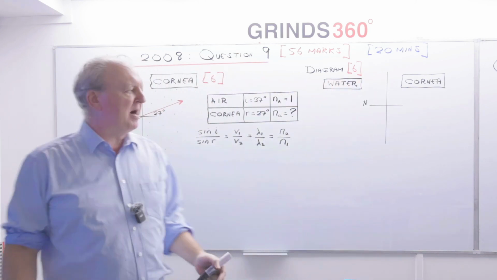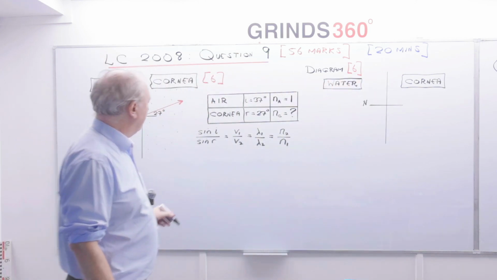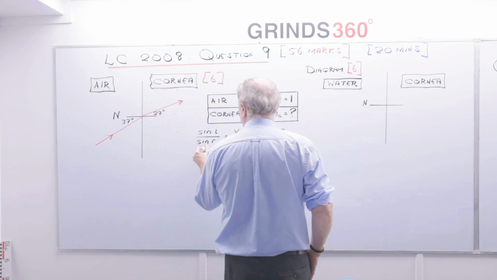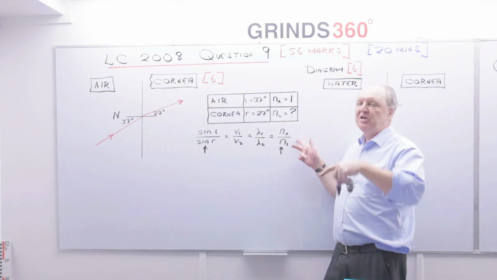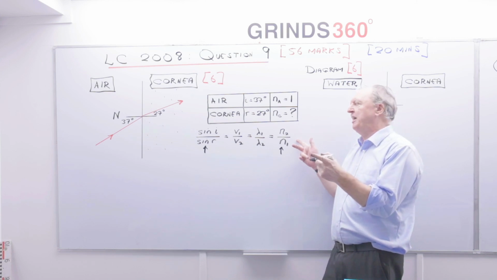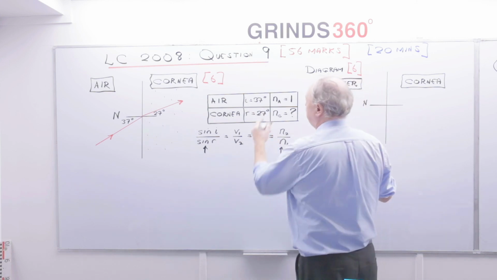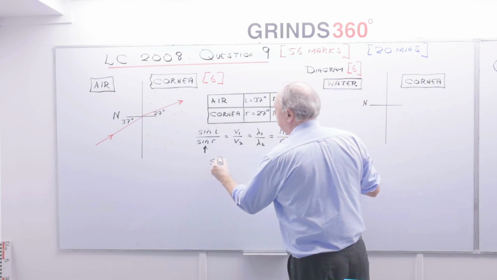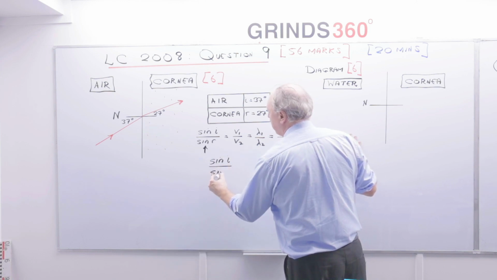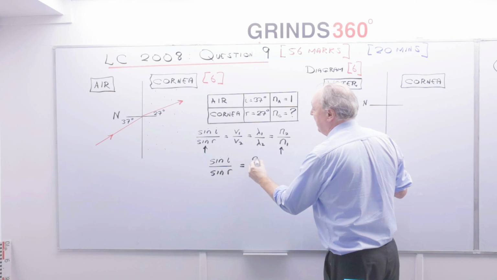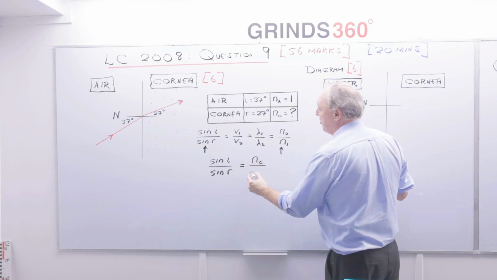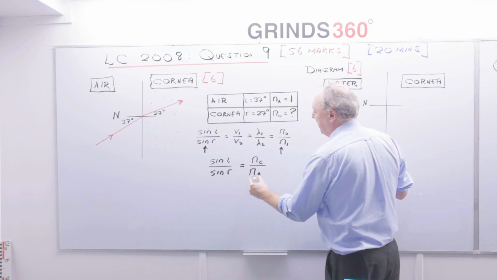So I'm going to use 2 parts of my 4-part formula. I'm going to use the first part, I's and R's, and the last part. Remember, when you apply this last part, turn the refractive indices upside down. So what have I got? I've got sine I over sine R is equal to, turn them upside down, NC, the refractive index of the cornea, over the refractive index of air.